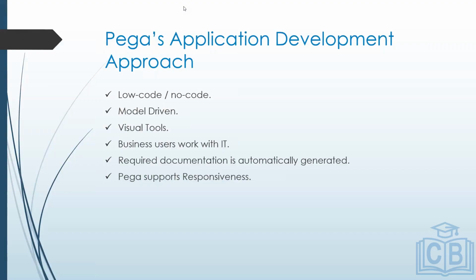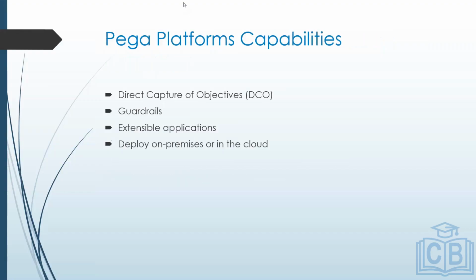And about the capabilities of the PEGA platform, at least from the business user's perspective, the first one is DCO. Here, like we discussed already, I don't need an Excel sheet or a Jira tool to get the requirements. I can have them directly on the platform.